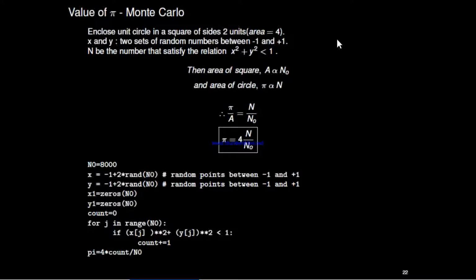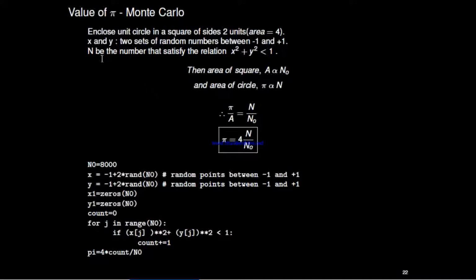For that, we generate two sets of random numbers using a Python program between -1 and +1. I had told you that numeric Python will give random numbers between 0 and 1, not between -1 and 1, but we can make them between -1 and +1 by a very small formula that I will show at the bottom.